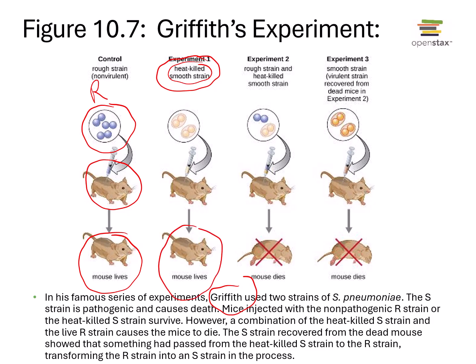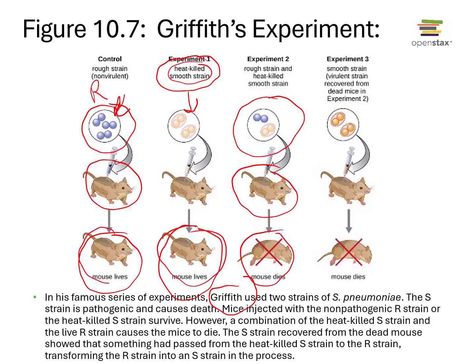What's weird is if you took the live R and the dead S and mix them together and inject that into mice, the mice die. That's strange, because separately the mouse would survive, so why together would those two cause the mice to die?